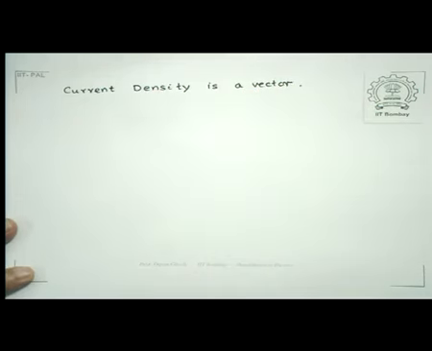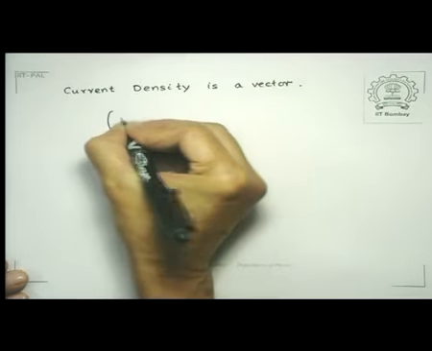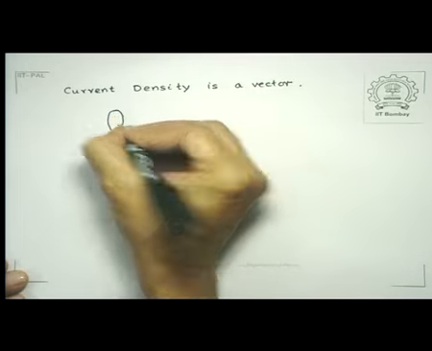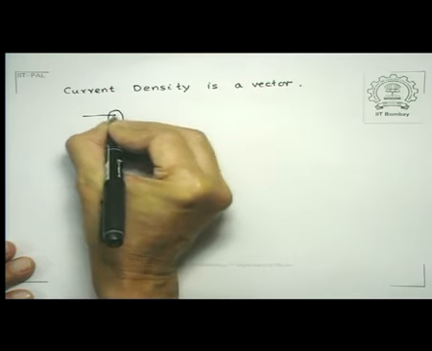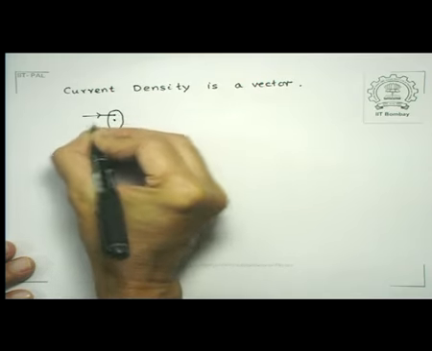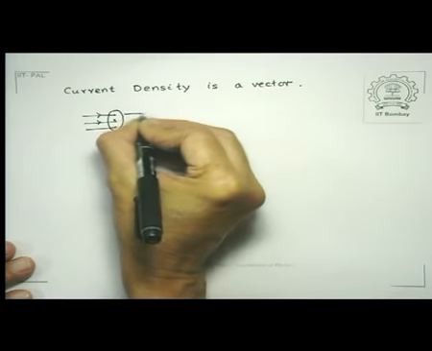So let me explain how it works. Let us suppose I am talking about a current which is passing through an arbitrary surface. Let me show you a surface here. This, let us suppose, is the end of a wire, cross section of a wire, and the current is entering like this and is leaving from this surface.